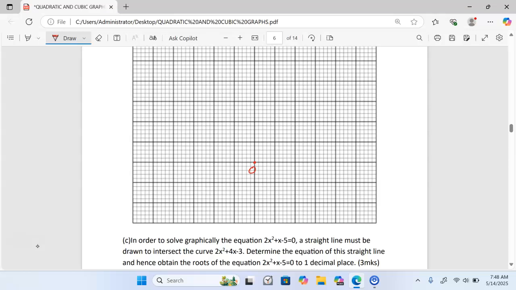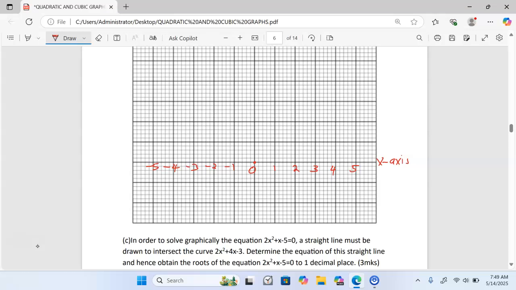Then on the x-axis, we are going to use 1 centimeter to represent 1 unit. So this is 1, 2, 3, 4, 5 there. This is the x-axis. Then we are going to have negative 1, negative 2, negative 3, negative 4, up to around negative 5.